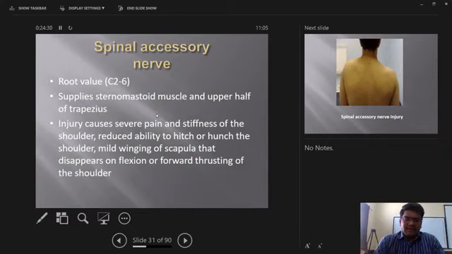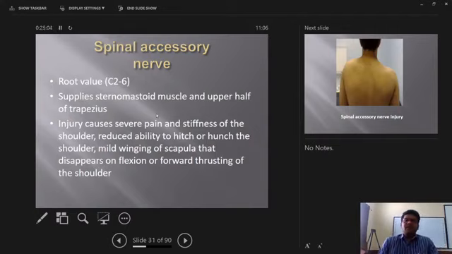Now coming to the spinal accessory nerve. The spinal accessory nerve has a root value of C2 to C6. It is formed from the posterior primary rami of the C2 to C6 rootlets. They supply the trapezius muscle and also the sternocleidomastoid muscle. Injury causes severe pain and stiffness of the shoulder, and reduced ability to hitch and hunch the shoulder.